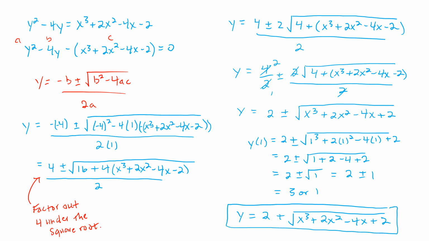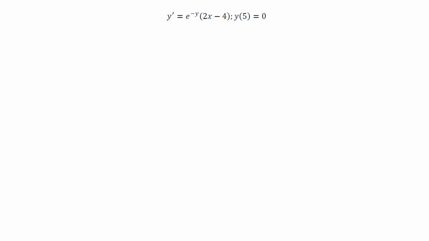All right, next we have y prime equals e to the power of negative y times the quantity 2x minus 4, with an initial condition y of 5 equals 0. So I'm going to start with my DE.